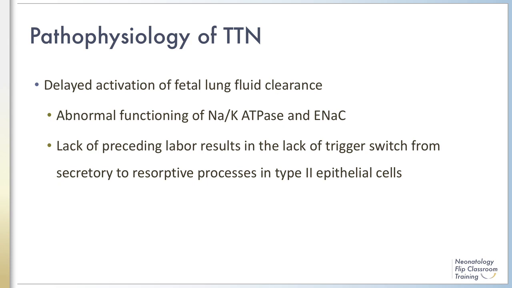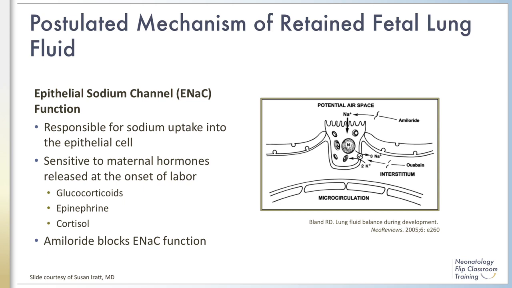Decreased sensitivity of the ENaC channels and/or sodium-potassium ATPase to the catecholamine surge and/or other hormonal activators such as cortisol may also play a role. As discussed previously, the ENaC channels are responsible for sodium uptake into the epithelial cell.